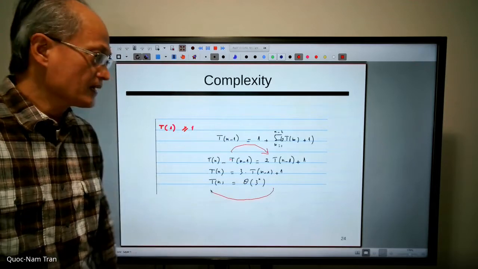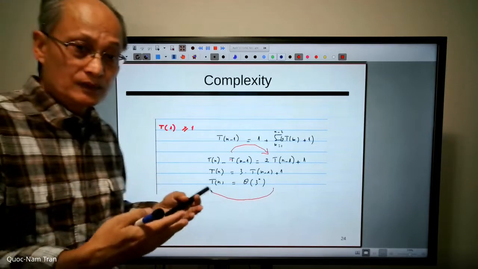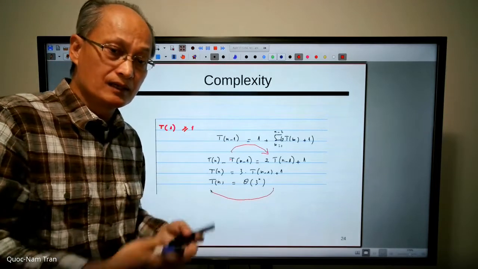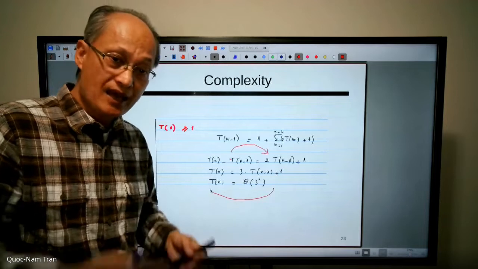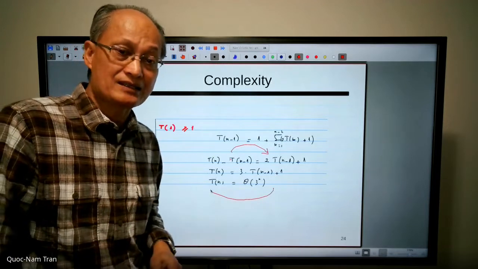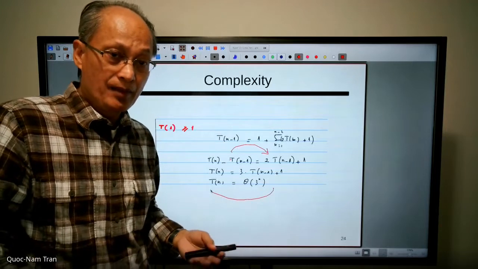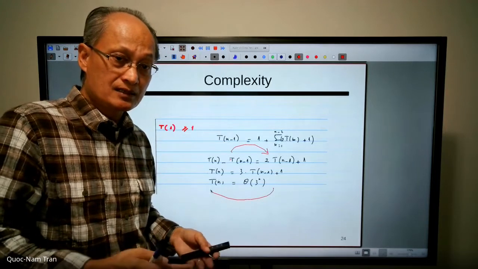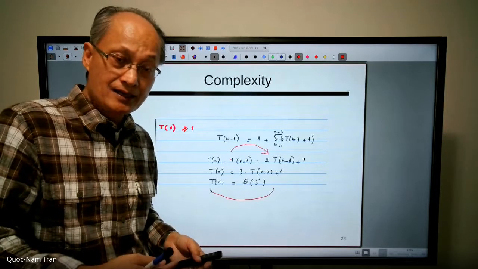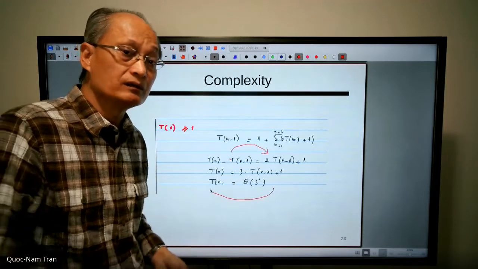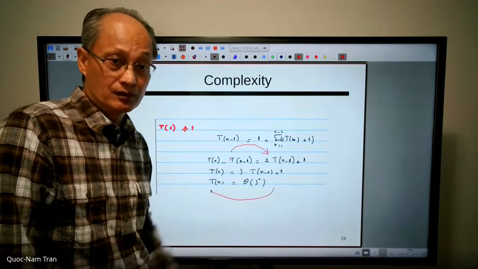And hence, actually it's very similar. The complexity is as bad as the exhaustive search. Okay, remember that exhaustive search takes about n factorial, right? N factorial is also exponential.